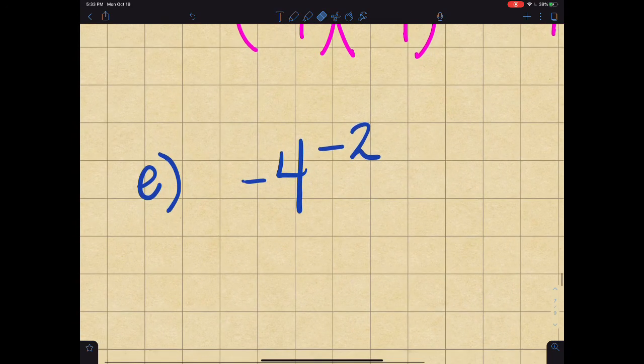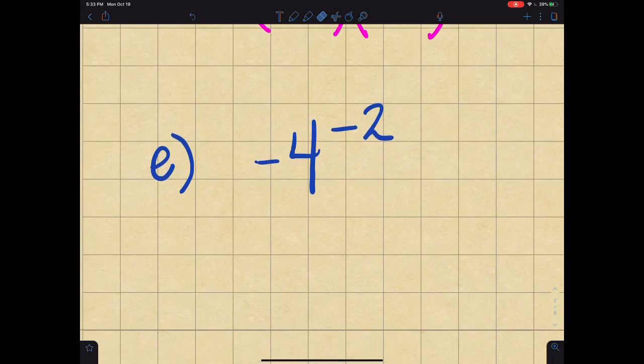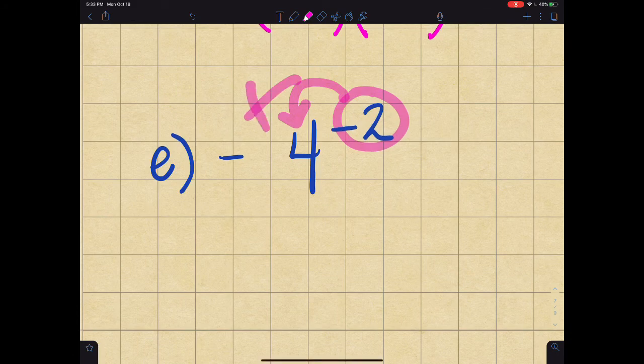The next one is E. Now this one's a little trickier, and this one you're going to have to use one of those tricks, right? I'm going to move the negative sign a little bit off to the side so that it's not too confusing. If you use my trick, then what you'll realize is that this exponent applies only to the 4. It does not apply to that negative sign.